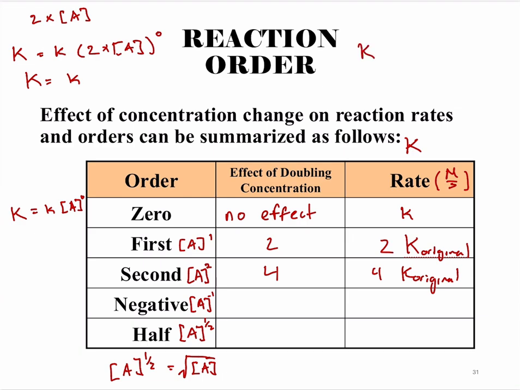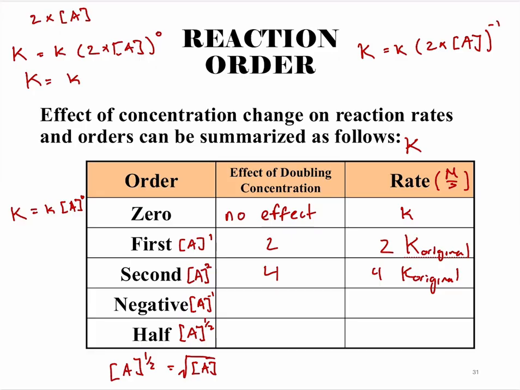So if we have k is equal to lowercase k, and then we have A, the effect of doubling the concentration, sorry. So it's going to be 2 times A, all to the power of -1, right?